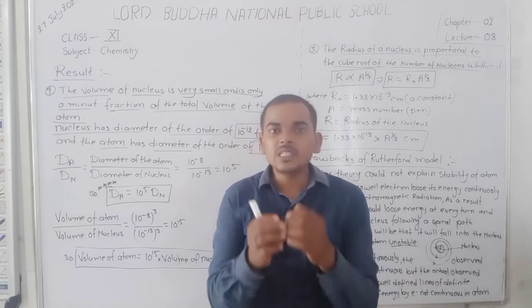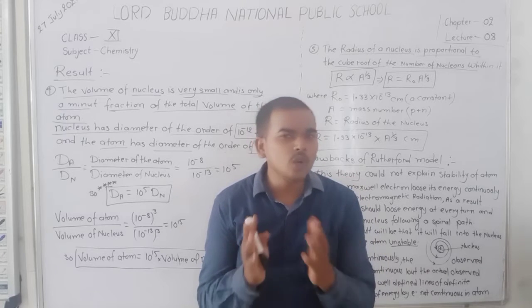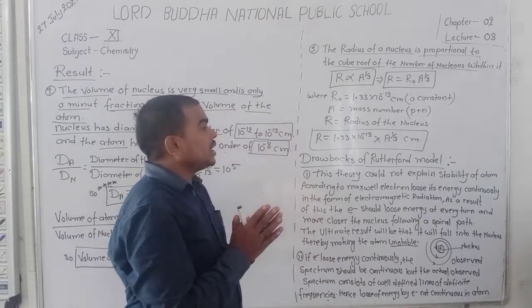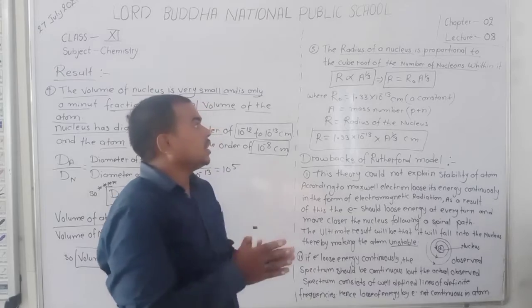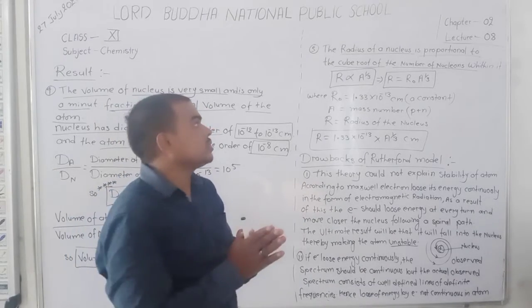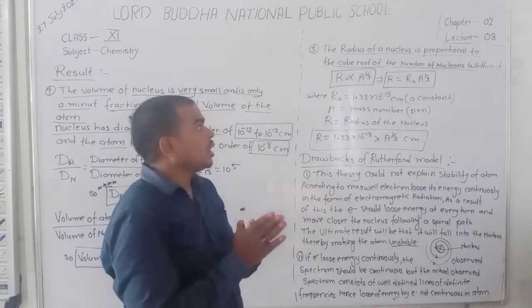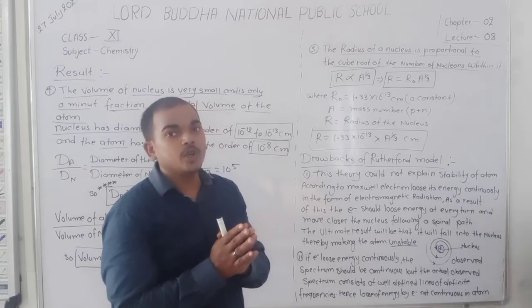Okay, student. So according to the result of Rutherford, the radius of the nucleus is proportional to the cube root of the number of nucleons.